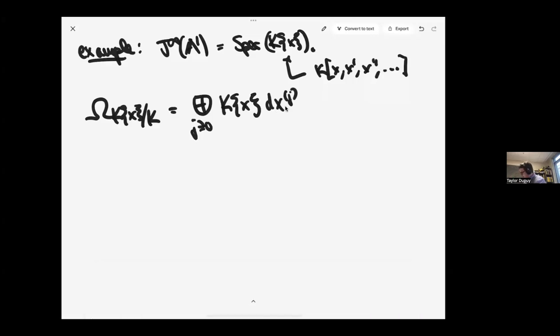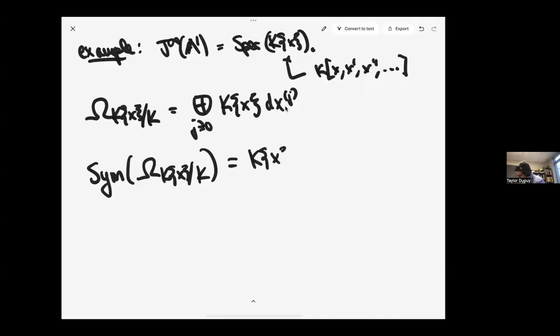And so then we have this thing, and when we take the symmetric algebra, this is a free module, and we're essentially looking at an algebra where we're allowed to multiply generators. So the symmetric algebra of this thing over K is just K of X, and then we have dx, dx prime, dx prime prime, and so on. So it's an infinite dimensional thing.